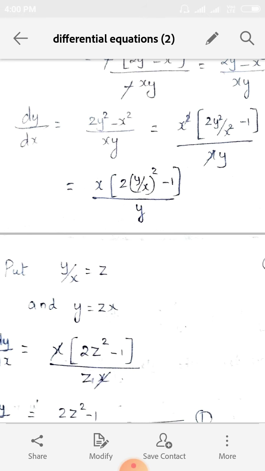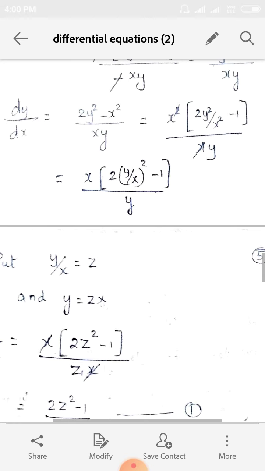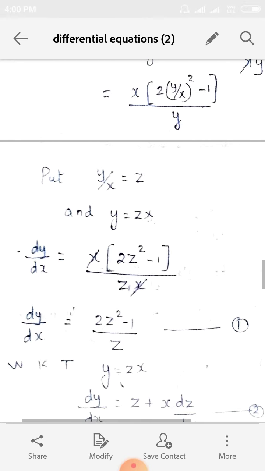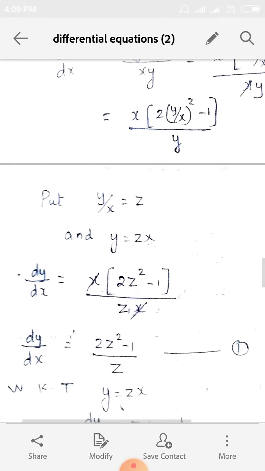So cancel one x term. So we get x into 2 y by x the whole square minus 1 by y. Okay. The next step, we have to substitute y by x is equal to z and y is equal to zx. So we get dy by dx is equal to x into 2z square minus 1 by zx.